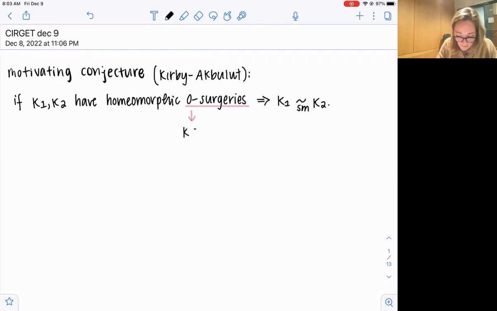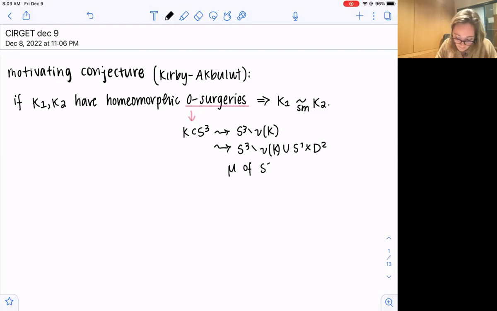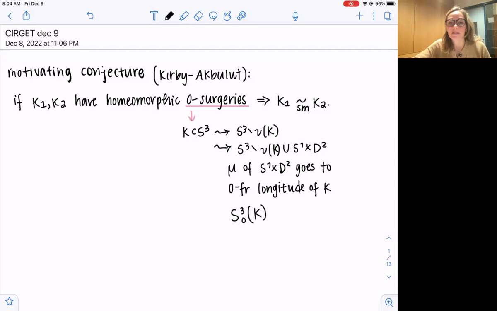Given some knot K in S3, I remove a neighborhood of the knot, and I glue in a solid torus, S1 cross D2, in such a way that the meridian of S1 cross D2 goes to the zero framed longitude of K. We refer to the three-manifold that we get as a result using the following notation, which denotes the zero framed Dehn surgery of a knot K in S3.